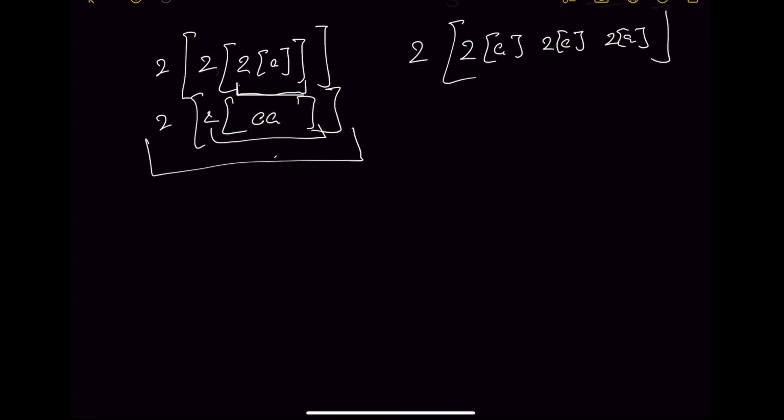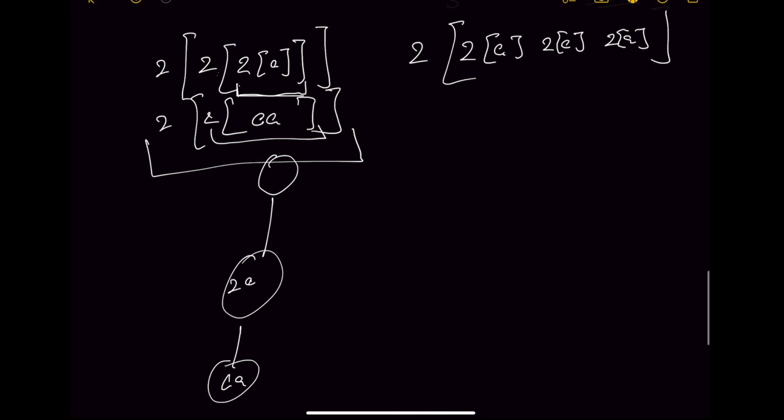We go depth first: AA, 2 times AA, which is AAAA, and then again 2. It's like a single tree with a single branch.